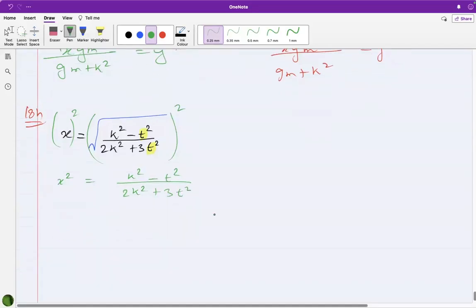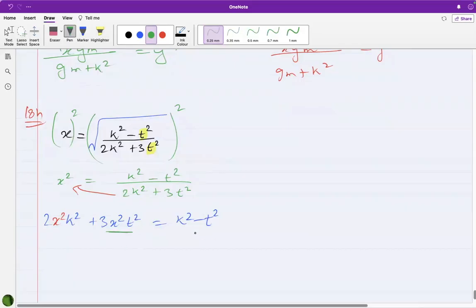Now cross multiplying. I'm multiplying it here. X square 2k square. I should have written 2x square k square plus 3x square t square is equal to k square minus t square.